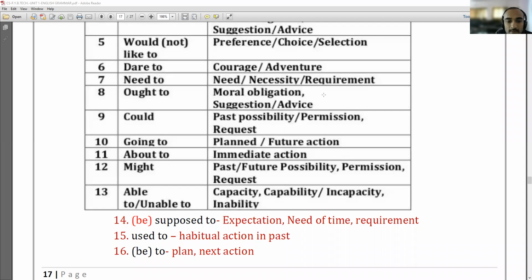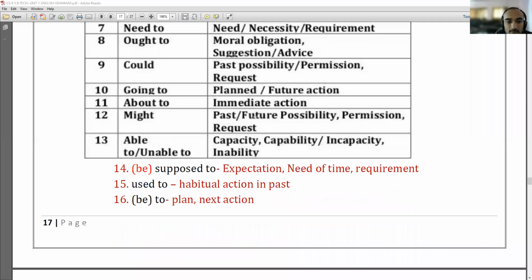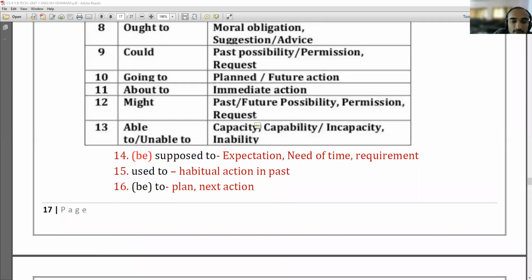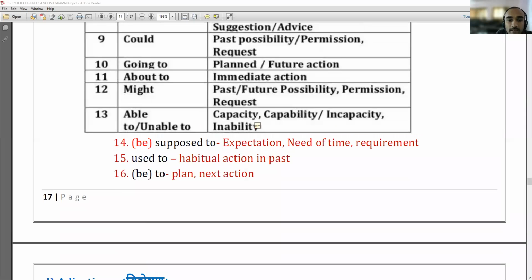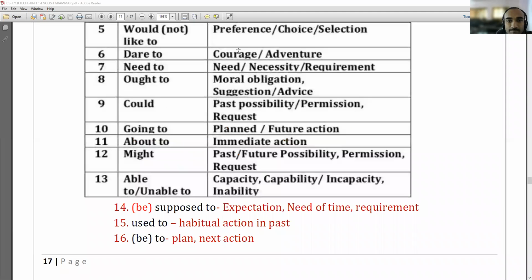These are called the modal auxiliary verbs. Also supposed to, used to, and be to. So these are also called the modal auxiliary verbs that we have seen.